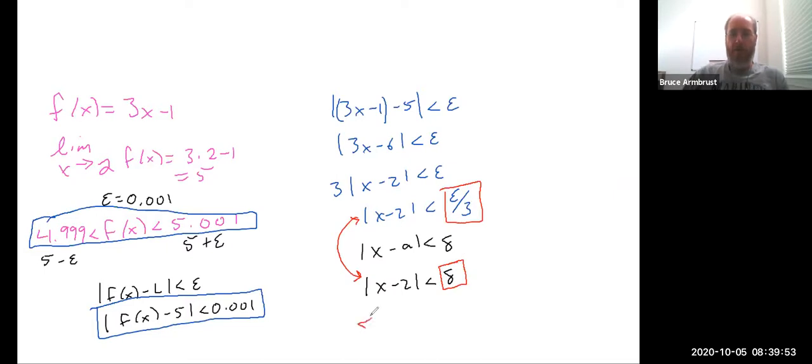So what we've just seen, without a graph or anything, is that if you want to get a delta, given an epsilon, all you have to do is take that epsilon and divide by 3. So no matter how close you told me to get, right? This one told me, well, epsilon is 0.001.